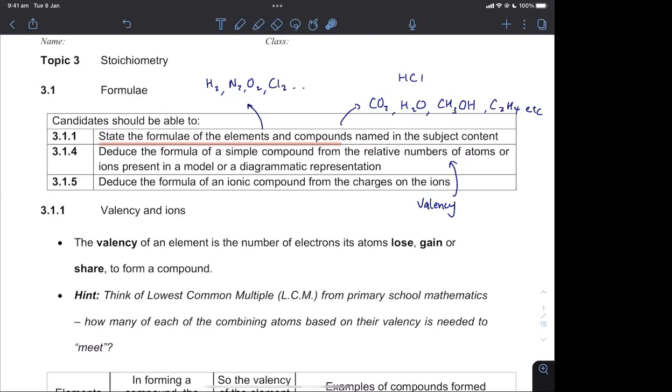You lose and gain electrons when your partners involve a metal and a nonmetal atom. Your metal atom will lose electrons and form a cation, a positive ion. Your nonmetal atom will gain electrons and form a nonmetal anion. So nonmetal and metal form an ionic bond.